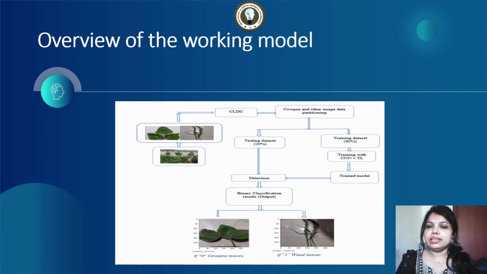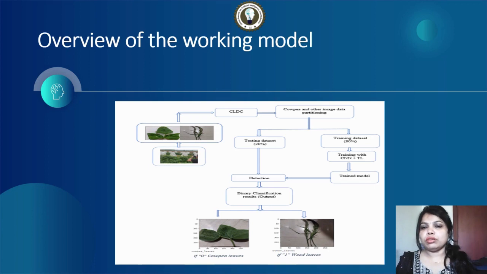In training, around 12,000 cowpea leaves have been used to train the model, so that when it comes to the testing or prediction part, the model will be introduced to all kinds of leaves. For training the dataset, I have used the latest convolutional neural network, different algorithms, and transfer learning technique as well.